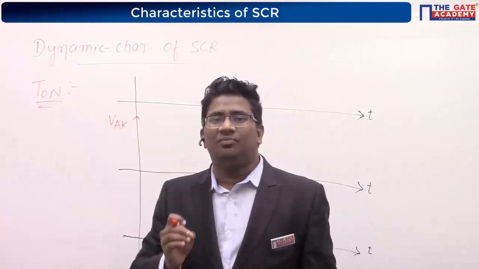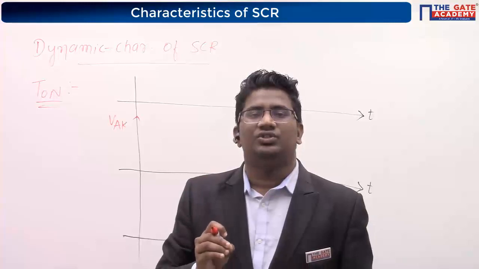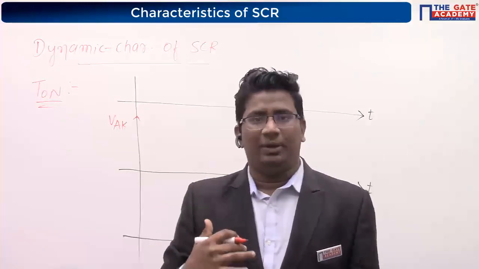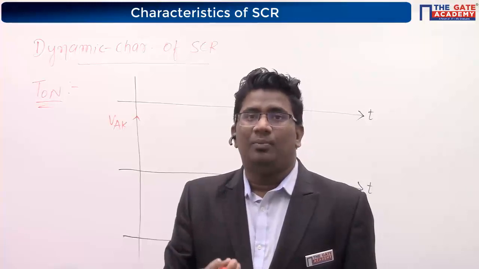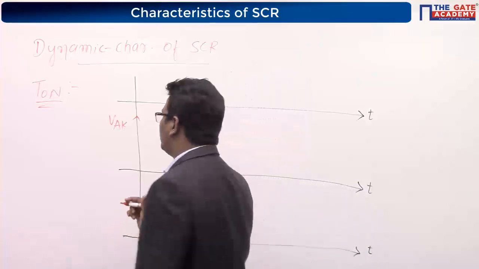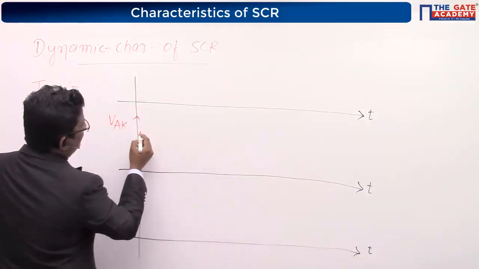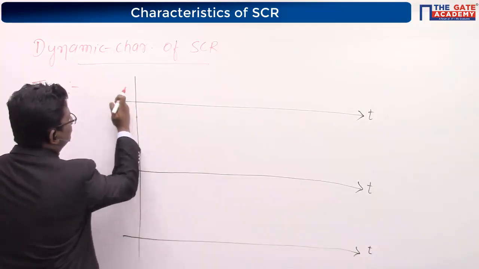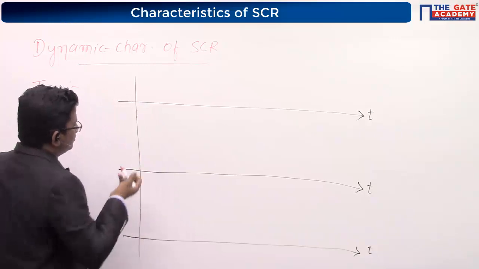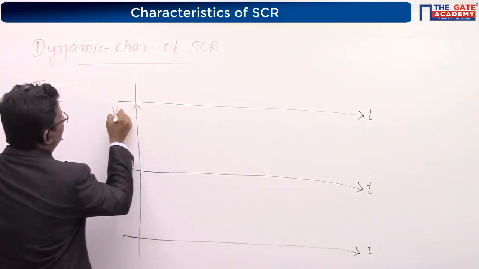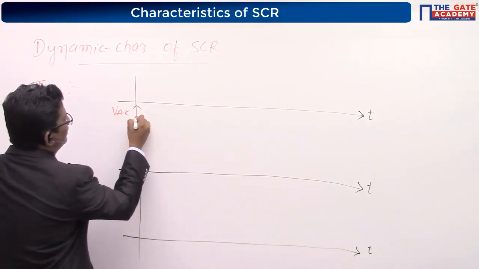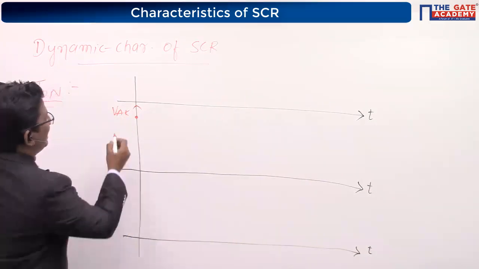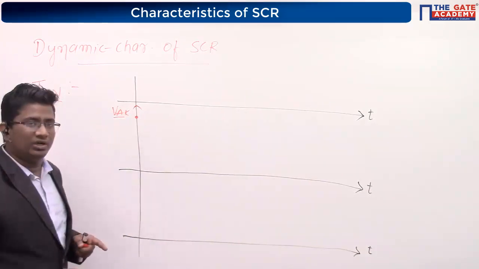Less than VBO, correct, perfect. But what I am asking is positive or negative? Yes, very good. So let us assume this is my VAK, anode to cathode voltage.